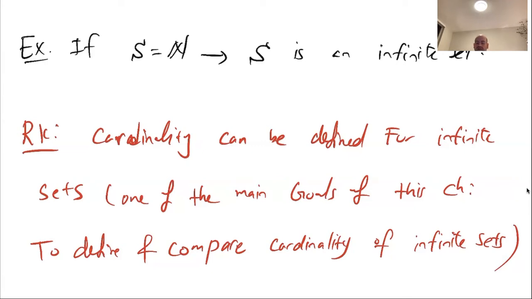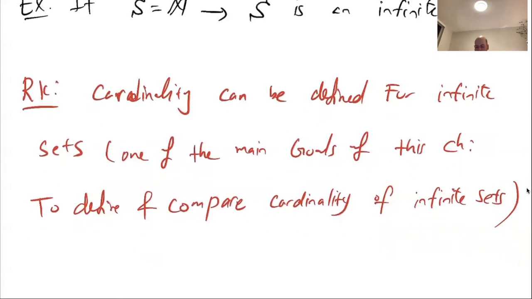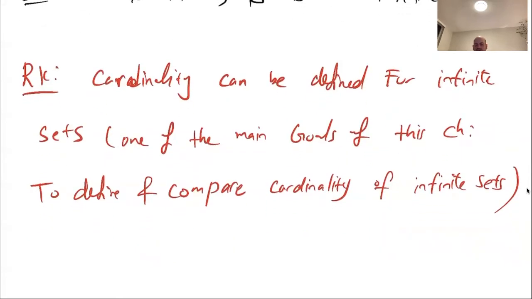But real numbers have bigger cardinality compared to these two sets. So these are the things that we are going to define later, and we are going to develop tools and definitions to be able to compare two infinite sets. Okay, so that's what we are going to do later. For now, we are just doing some basic definitions related to sets.